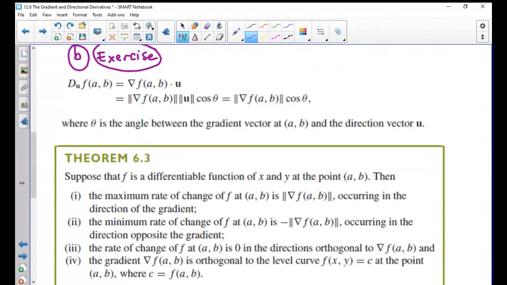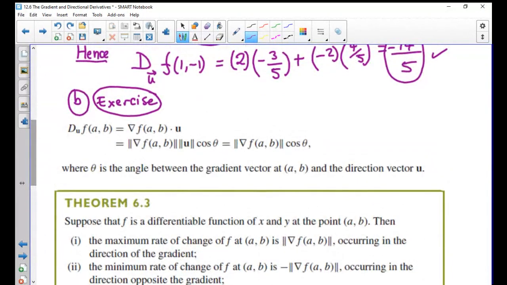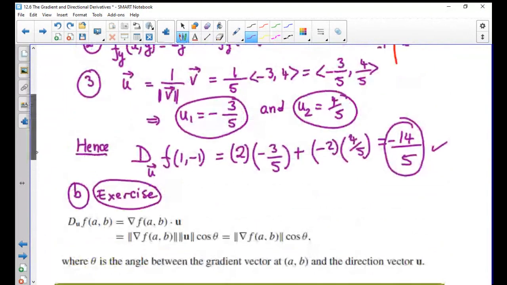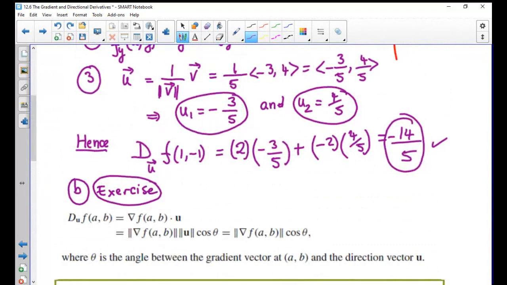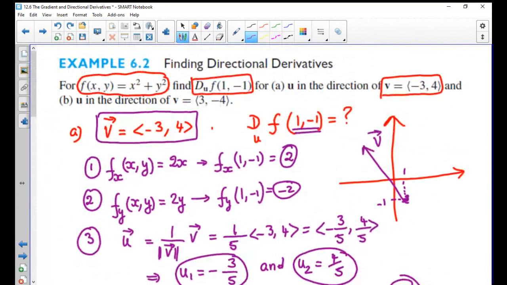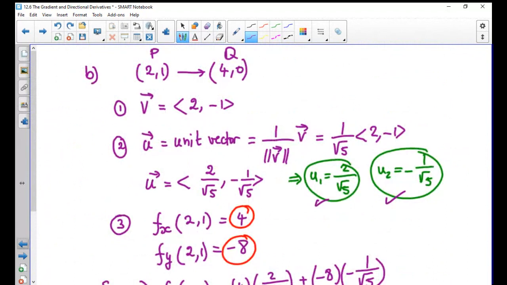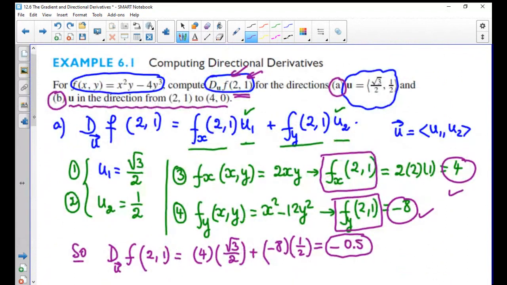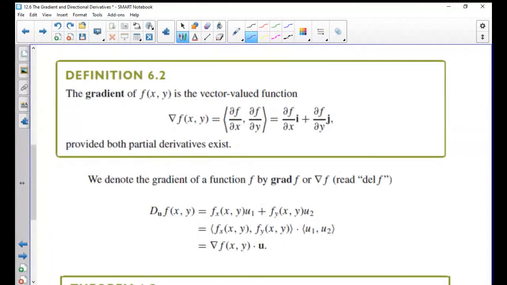Okay, now, let me go back a little bit. Now we can define the gradient of a function.